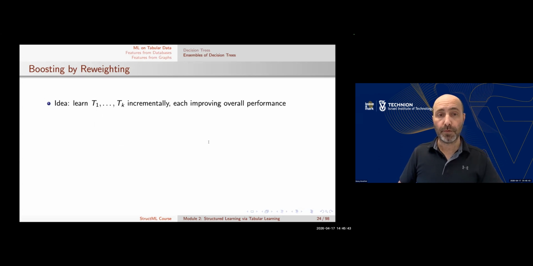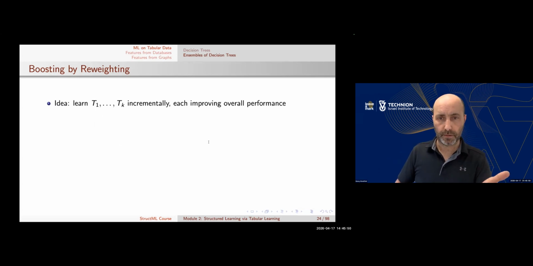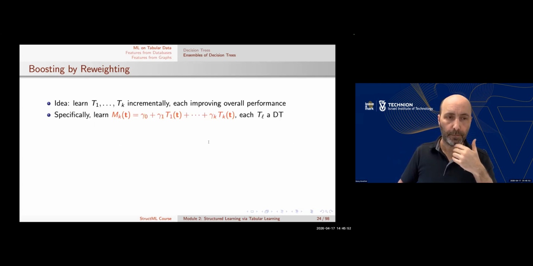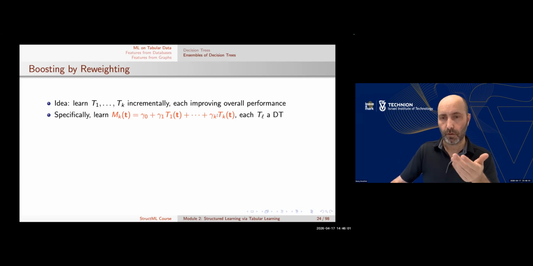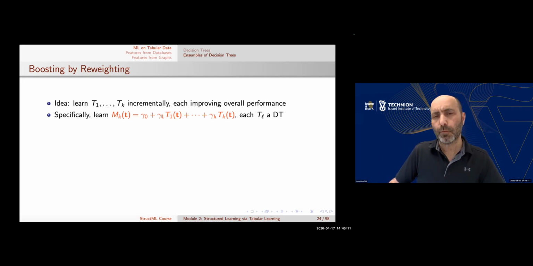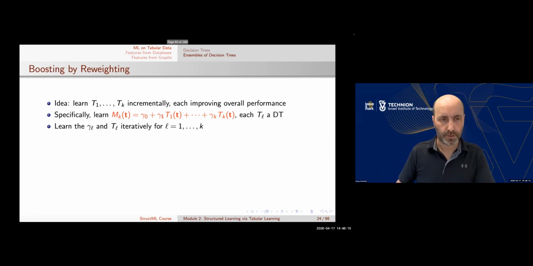Okay, boosting. So here is one technique of boosting. This is called reweighting. We learn K decision trees incrementally, and we learn a model that is essentially the sum of the different predictions of the decision trees or regression trees. And you can think of it as weighted average or weighted sum of the decision trees.